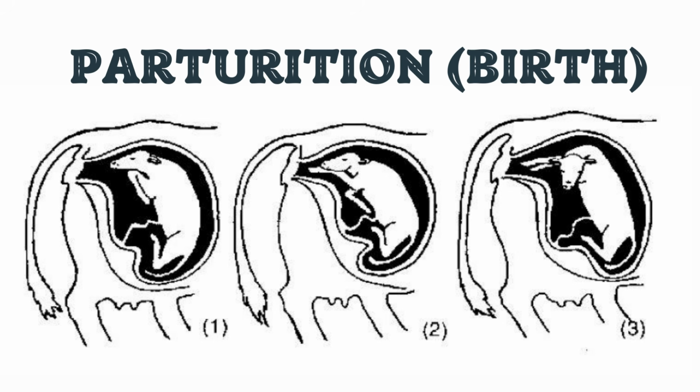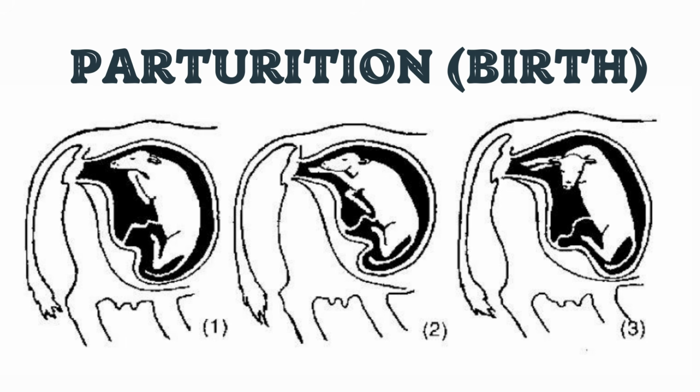And then the second phase is the birth now. Now, this occurs as the baby fetus is expelled by powerful uterine contractions as well as abdominal contractions, right? And then in this case, the amnion ruptures, right?